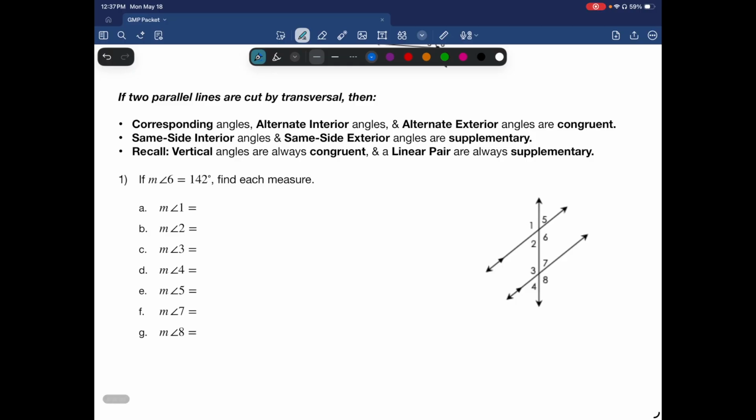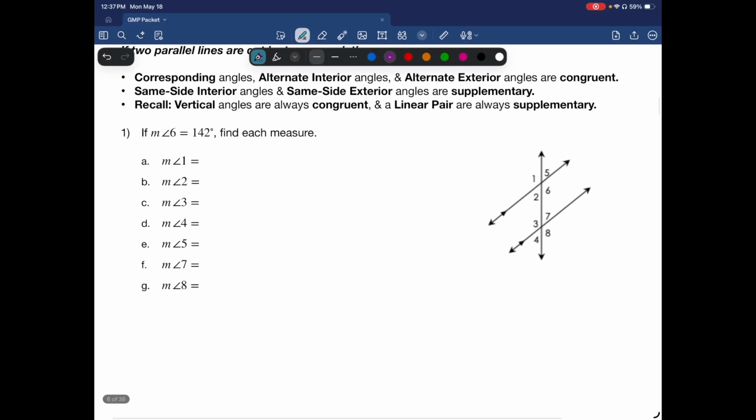So if we know that angle 6 is 142, what else do we know? Well, we know that angle 1 is vertical to 6, so that's also going to be 142. All right, 3 and 6 are alternate interior. And if these lines are parallel, and we know they are because of these arrows right here, then 6 and 3 are alternate interior, and that would be congruent.